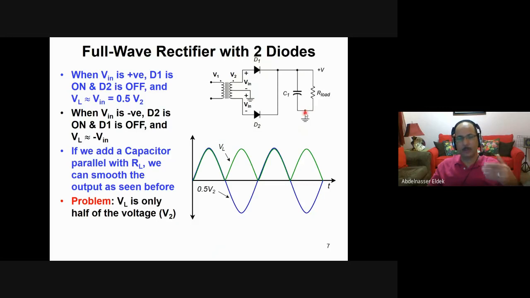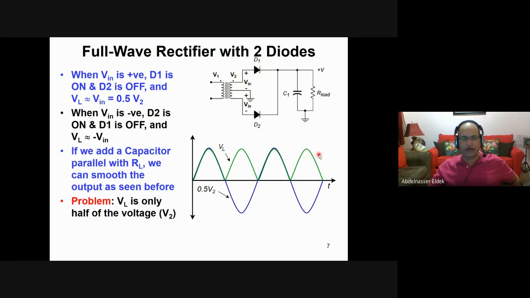Every half cycle, not every cycle. Now if this is the input voltage Vn, which is half of V2, then the output will be like this. But of course, when you add a capacitor, the output will not look like this. It will be smoothed: it will go up and then decrease, and then go up and decrease, and so on.